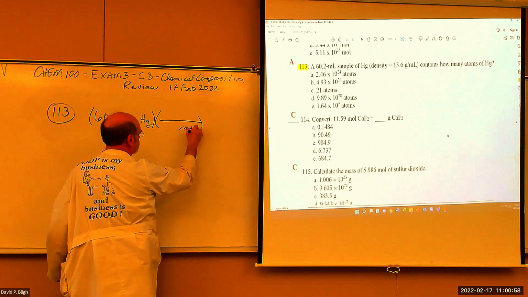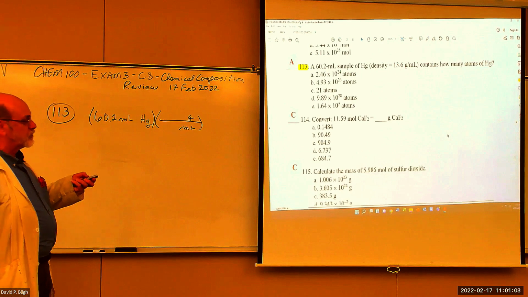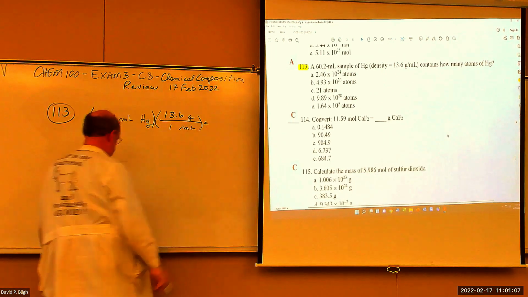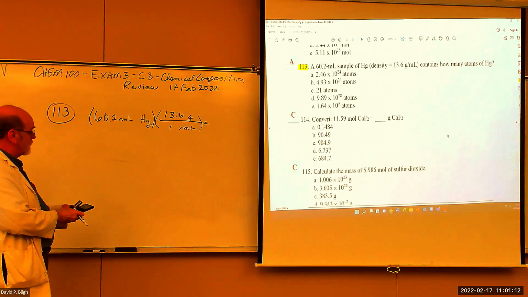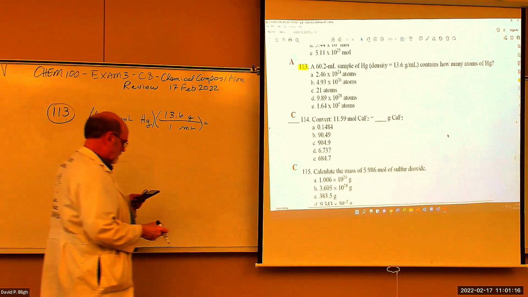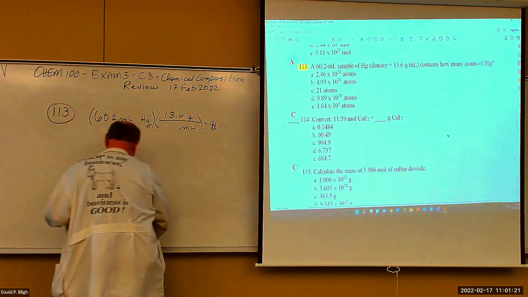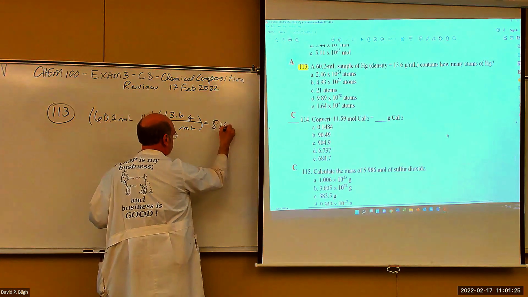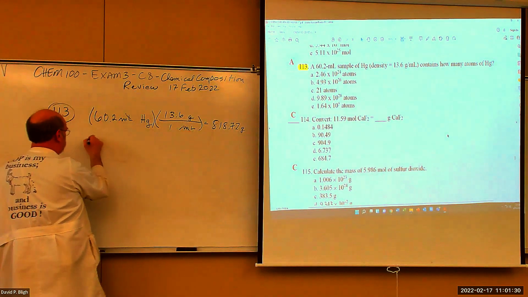We need to get rid of milliliters and leave us with grams. Well, there it is, 13.6 grams per milliliter. So 60.2 times 13.6 is 818.72 grams.